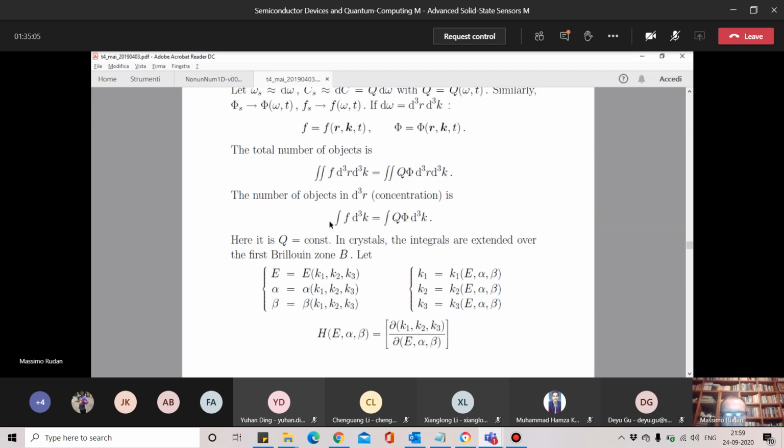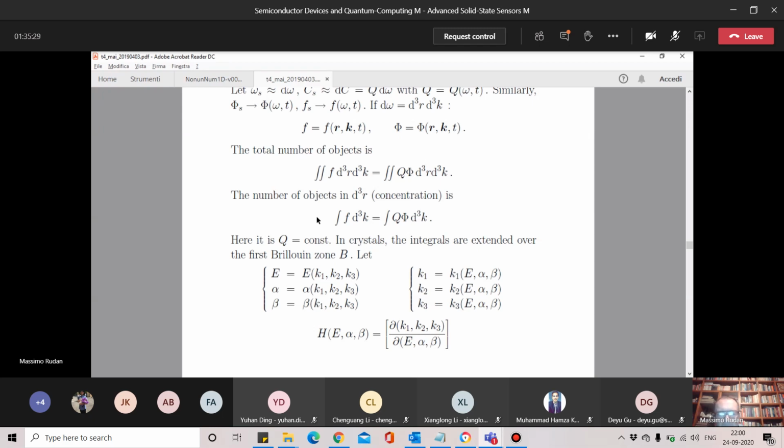The integration of the distribution function over the K space only provides the concentration of the particles in the physical space R. And in general, we do this because we are more interested in the concentration than in the total number, okay?